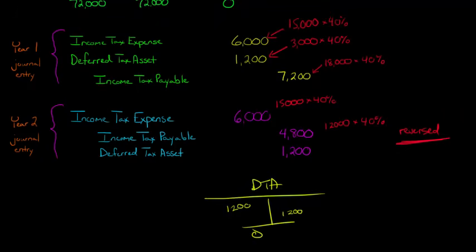So this temporary timing difference is about when that revenue was recognized for that extra payment you received before you'd actually earned it. It was taxed immediately for tax purposes, but for book purposes, you didn't recognize it until it was earned. It led to a temporary timing difference of when you recognize the tax and pay the tax on it, but it ultimately reverses, and so that's why our deferred tax asset goes to 0.